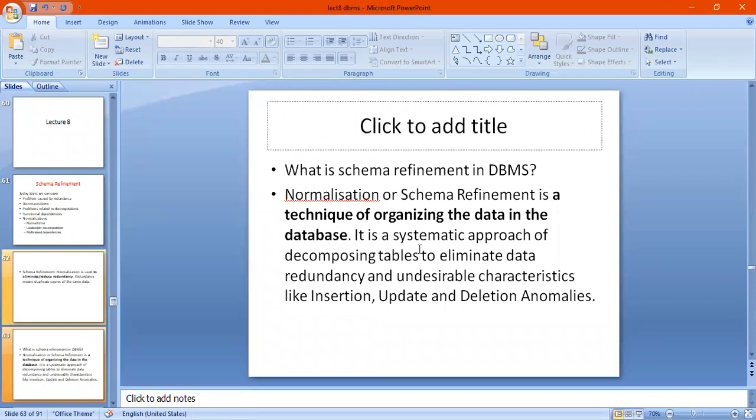It is a systematic approach of decomposing tables to eliminate data redundancy and undesirable characteristics like insertion, update, and deletion anomalies.